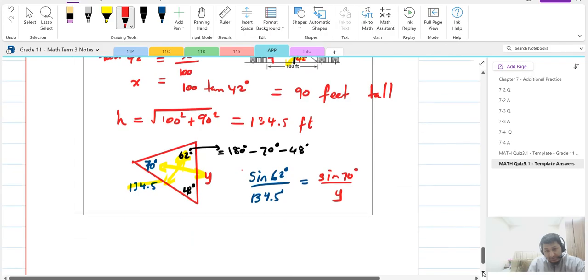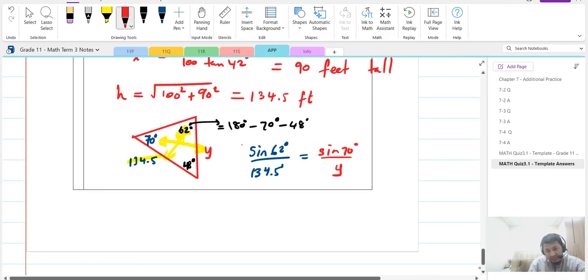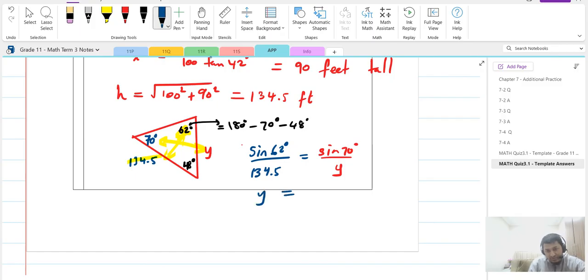How do we solve for y? We cross multiply these two. There's no degrees here. Right, so we cross multiply these two, and divide by sine 62. So y is equal to 134.5 times sine 70 divided by sine 62.